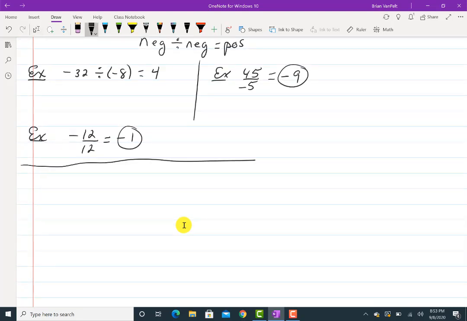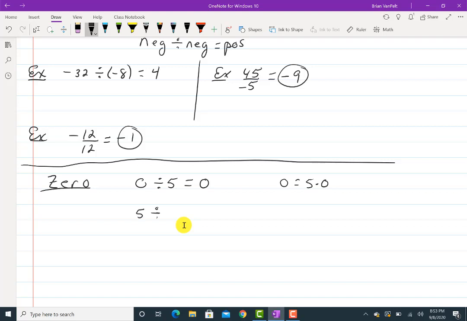Now, division has some complications. One of them is with 0. If you have something like 0 divided by 5, you know that that's equal to 0, because if you reverse this, 0 does equal 5 times 0. However, if I try to reverse this, what do you think that it should be?